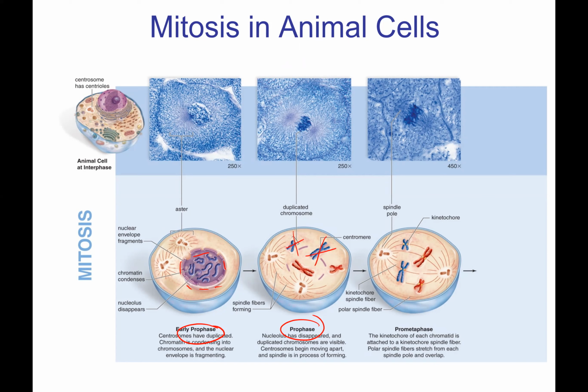So we go from chromatin to chromosomes. And then in prometaphase, spindle fibers are going to be attaching to our chromosomes. So that is all prophase. You don't have to know early prophase, prometaphase. Just know this is all prophase where this occurs.